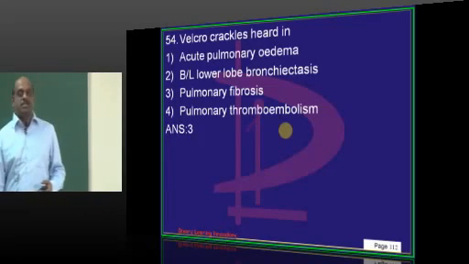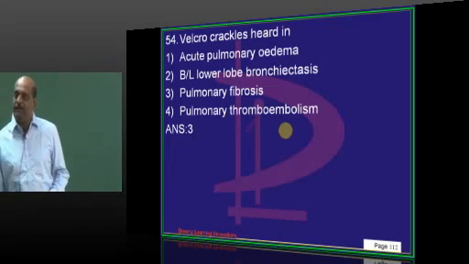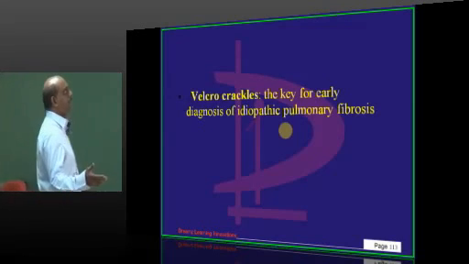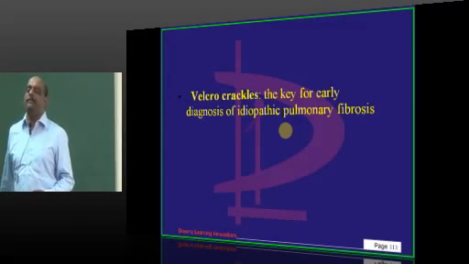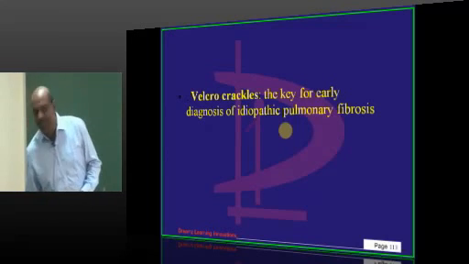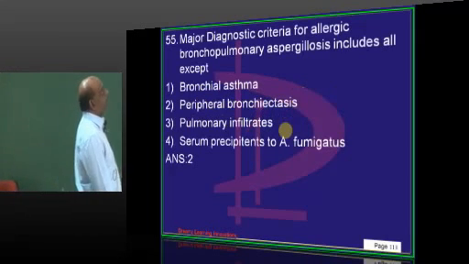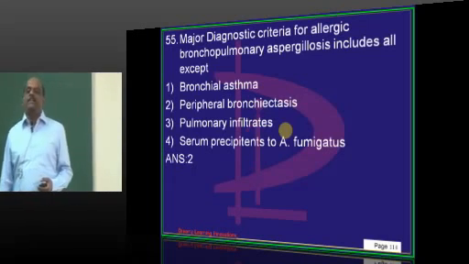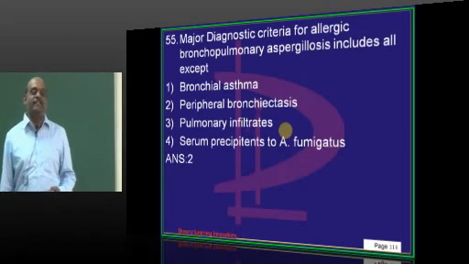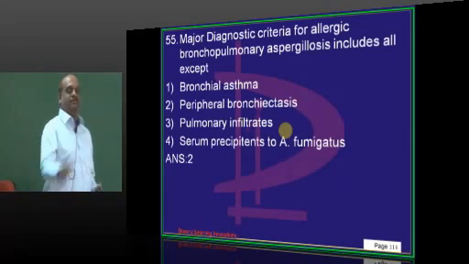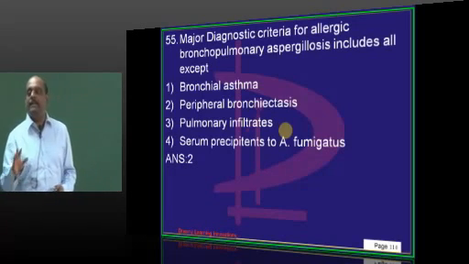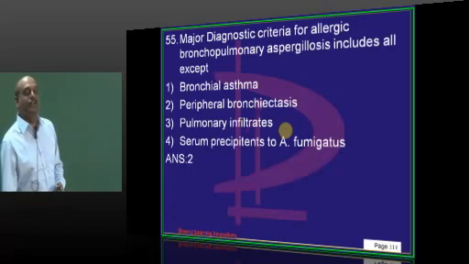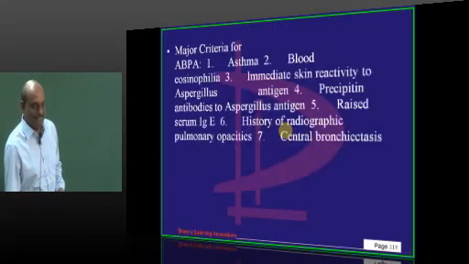Velcro crackles, pulmonary fibrosis, idiopathic pulmonary fibrosis. It is a key for the early diagnosis of IPF, which you have to remember. Oh doctor, this is a traditional question in the entrance. ABPA. Minor, major criteria you have to read, whether you like to take or don't like to take general medicine.